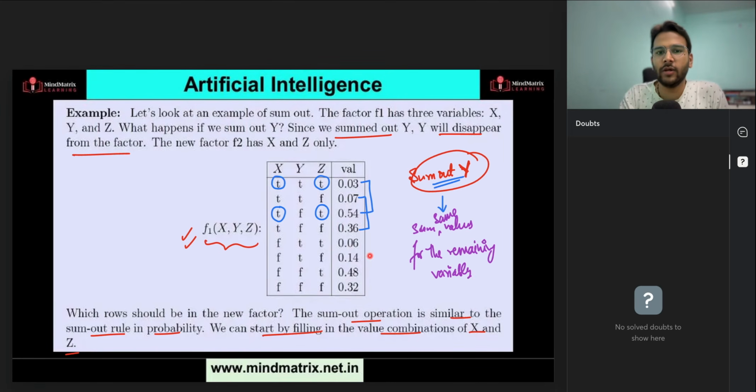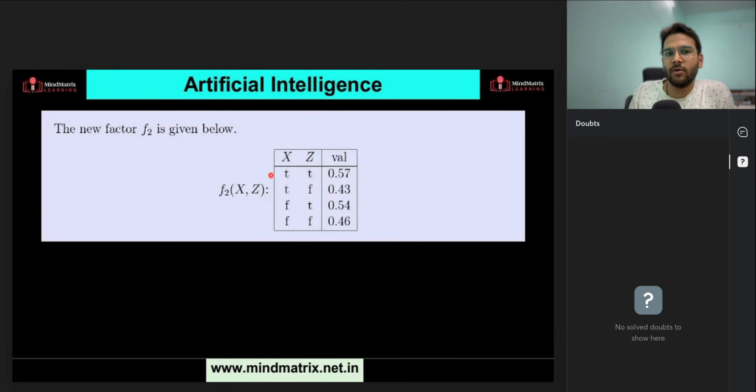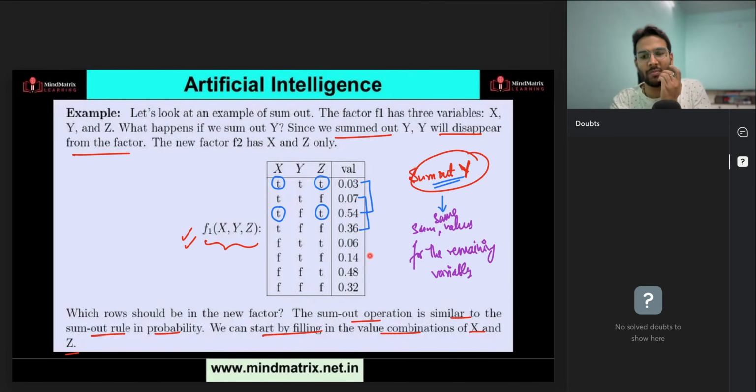You can verify here that now you have x and z as true true, true false, false true, false false, and these are the values after summing. So now this is a new factor having two variables, x and z. Is this clear? This is sum out.